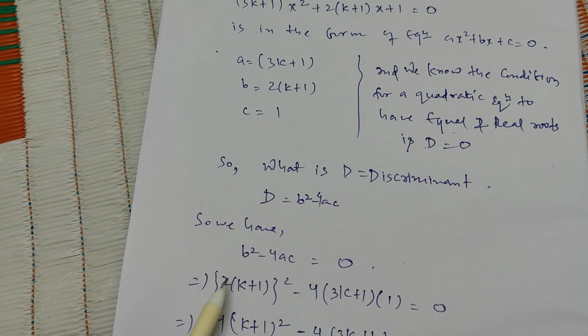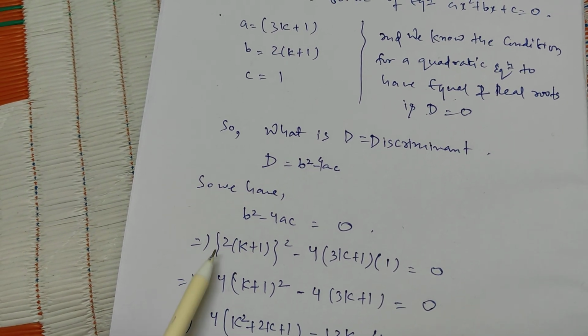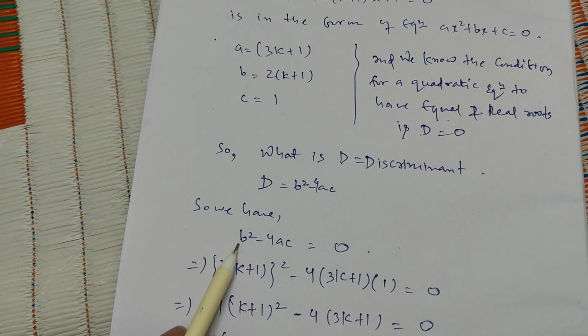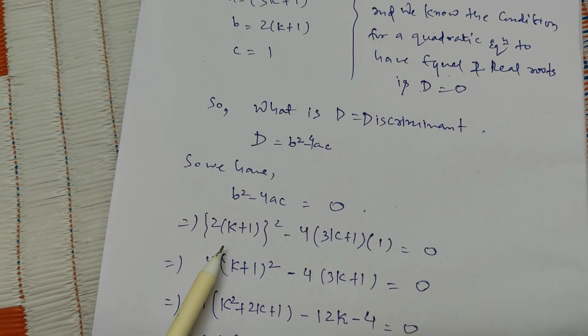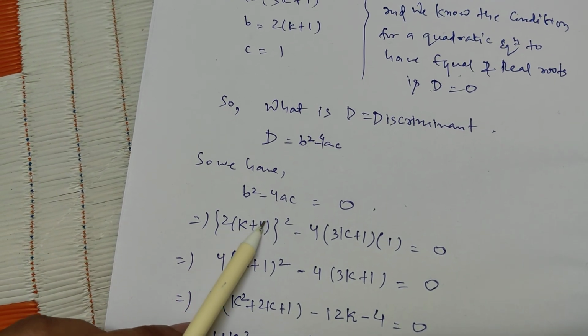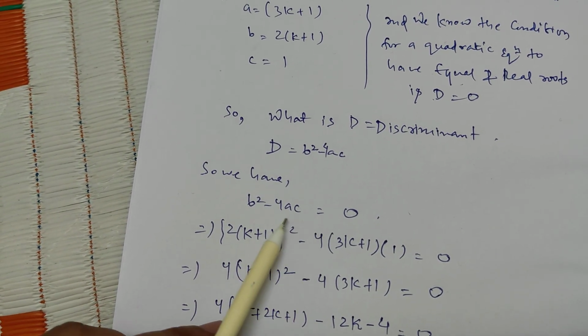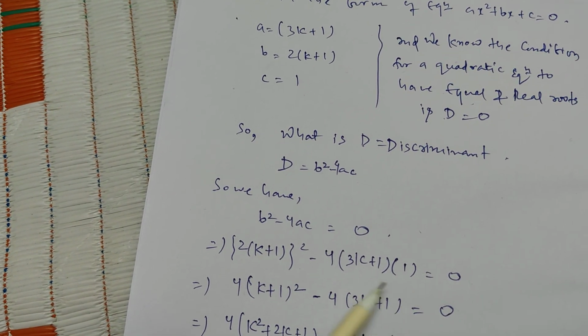So we have b square minus 4ac equal to 0. On putting the values of the coefficients from the above comparison, we have (2(k plus 1)) whole square minus 4 times (3k plus 1) times 1 is equal to 0.